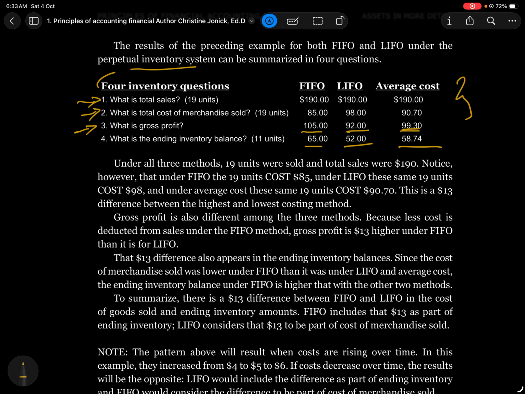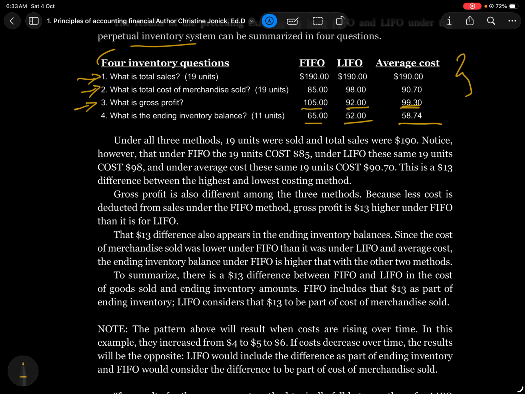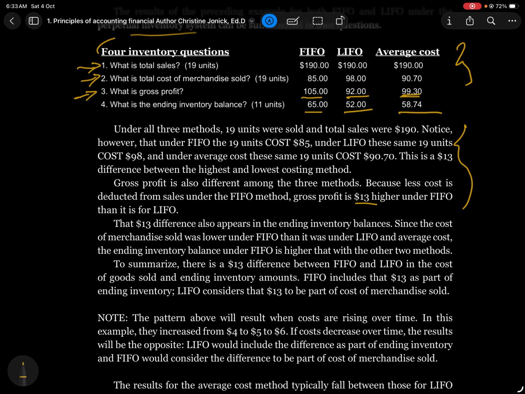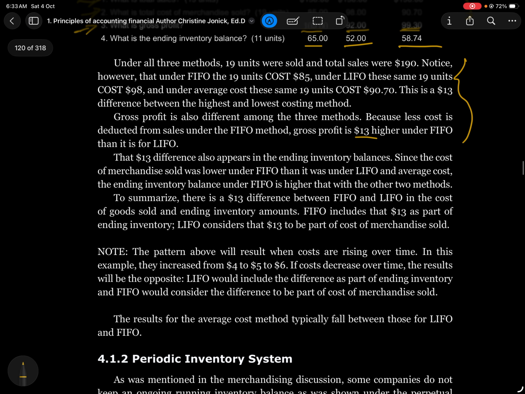So in increasing market prices, it's different. FIFO would win. In a decreasing market price, LIFO would win. Average cost does not fluctuate much compared to the other two. So this book is just explaining the same thing. Gross profit is $13 higher under FIFO than LIFO, right?